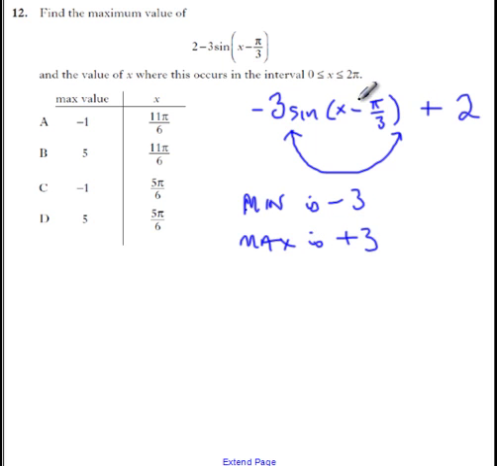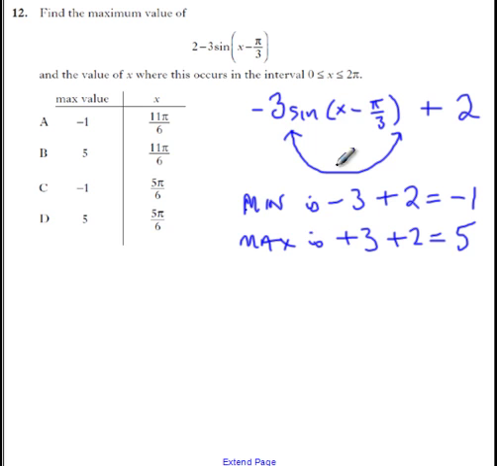What we're then going to do, once we've got this part, we're going to add on 2 to the minimum value, giving us a minimum value of -1. And adding on 2 to the maximum value of this part gives us 5.